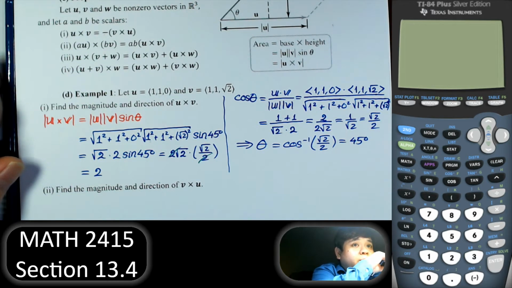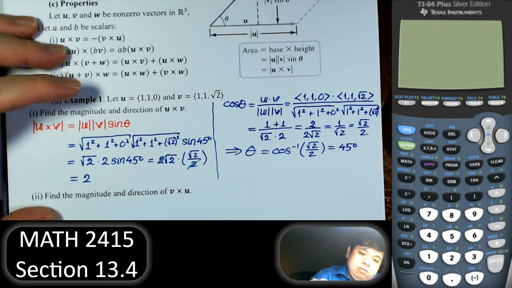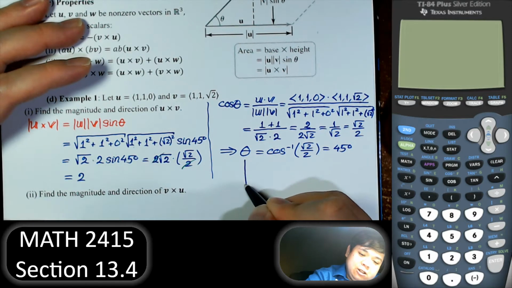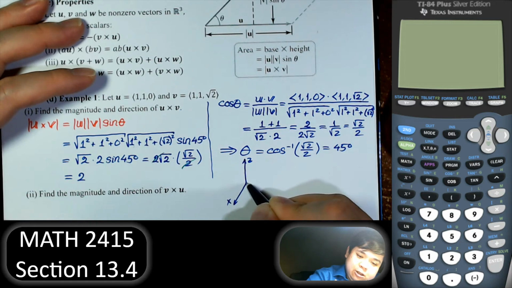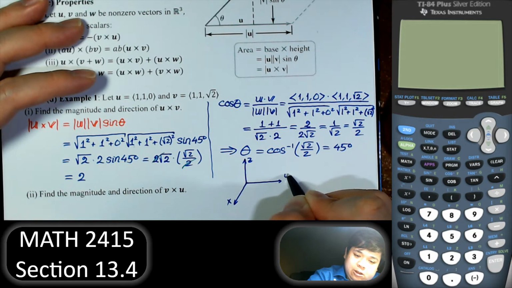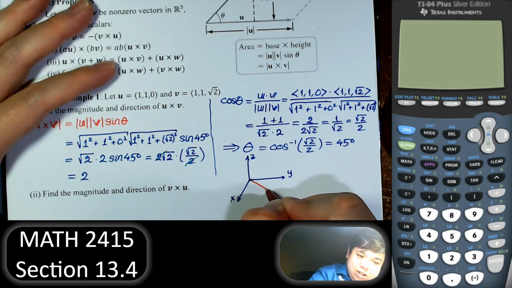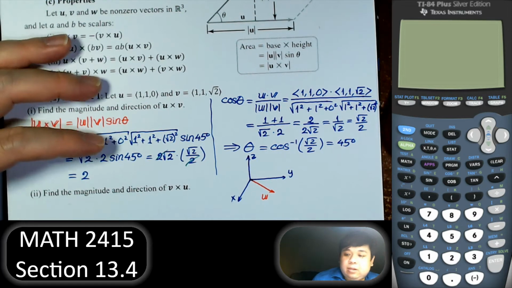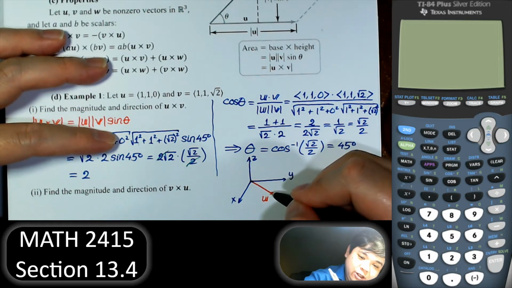And the direction, though, we'll determine in a minute. Okay, let's just try to sketch. First we have (1, 1, 0), so this is the vector U. And vector V is still (1, 1), but we go up square root of 2.